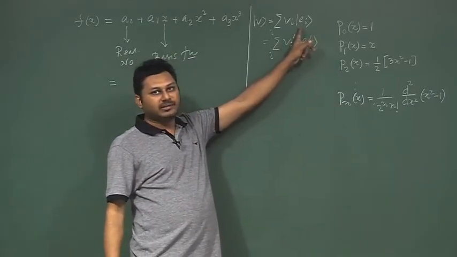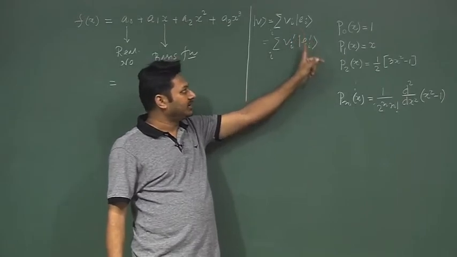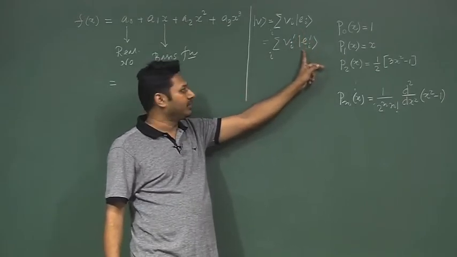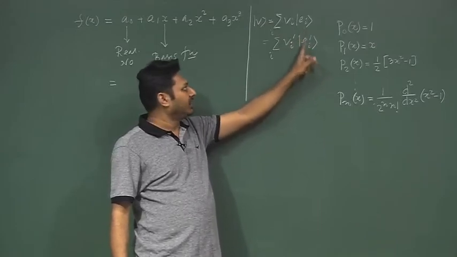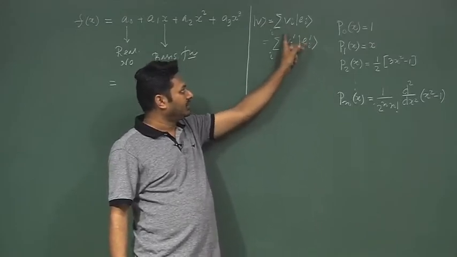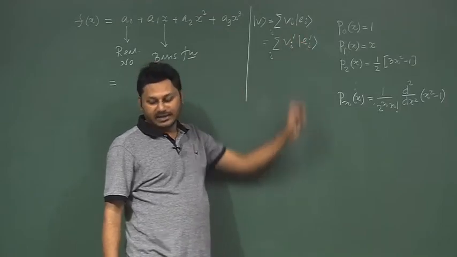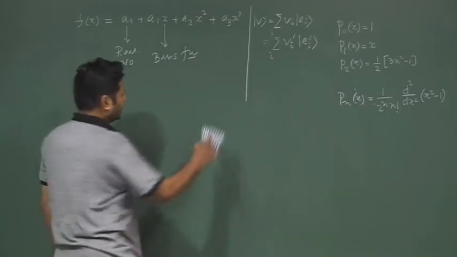This is the natural basis; normally we put this notation for the natural basis. This is another kind of basis, called the prime basis, and we know that if I write it in this form, then there is a relationship between these and these. Here also we are trying to do a similar kind of thing.